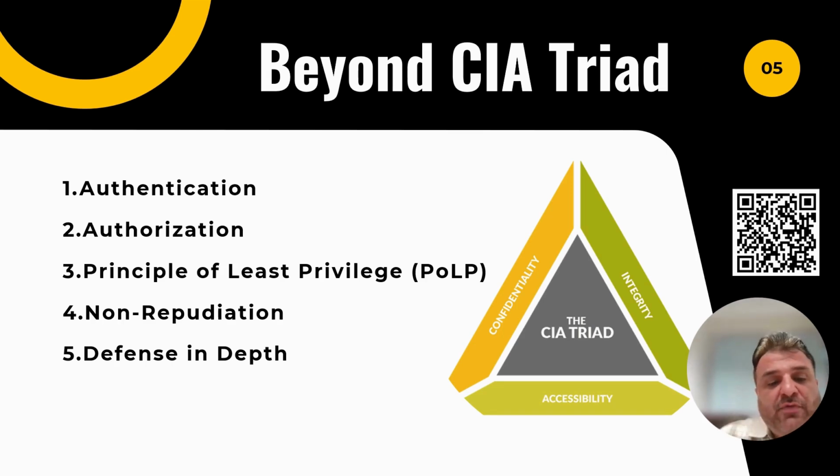The next principle beyond the CIA triad that we want to talk about is non-repudiation. And what does it mean? Non-repudiation guarantees that actions or communications cannot be denied by their originators.